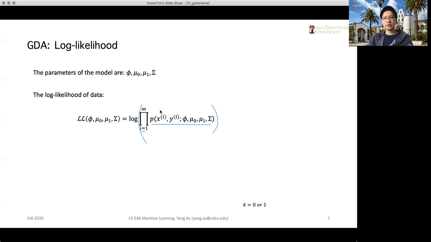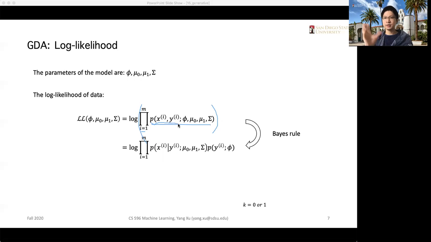So if we expand these terms using the Bayesian rules, right? Because here the probability P of x comma y is the joint probability, or the probability from a joint distribution. But by applying the Bayesian rules, we can decompose it into the likelihood and the prior distribution, right?